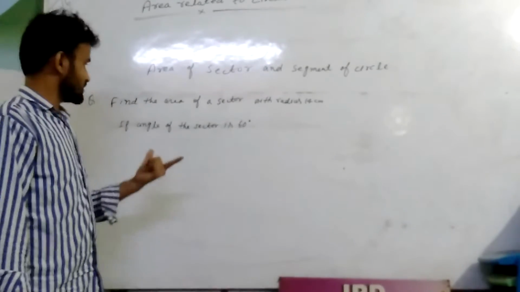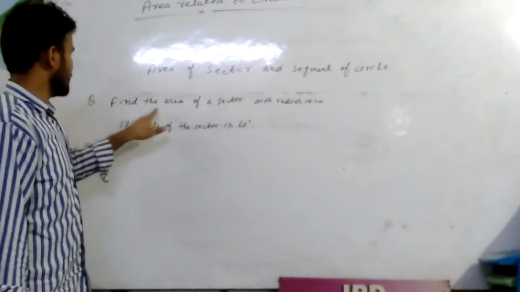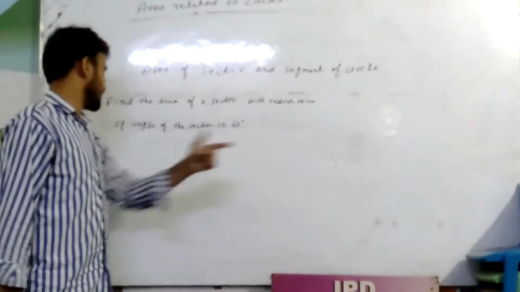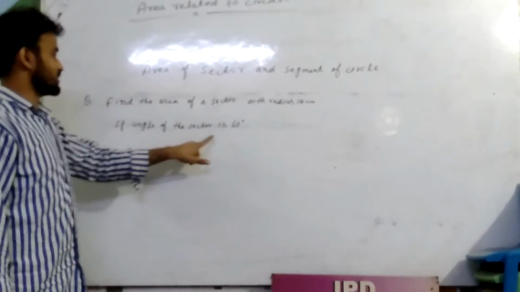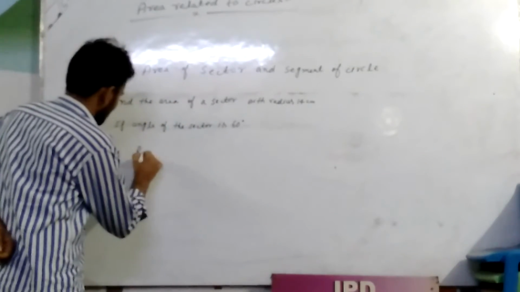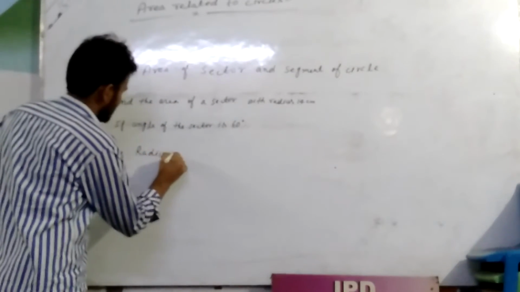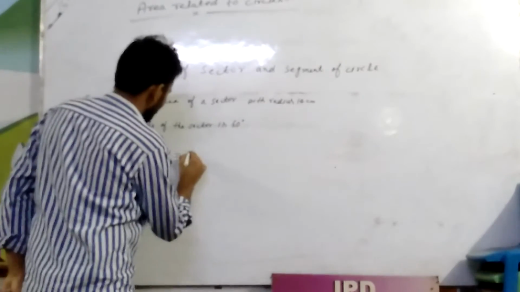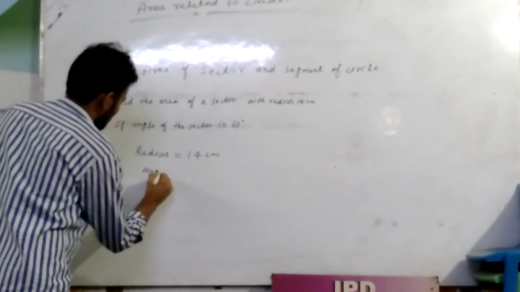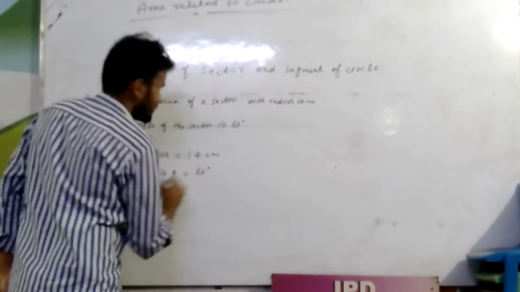Now we see an example. Find the area of a sector with radius 14 centimeter if the angle of the sector is 60 degrees. Given that radius is equal to 14 centimeter and the sector angle, meaning theta, is equal to 60 degrees.